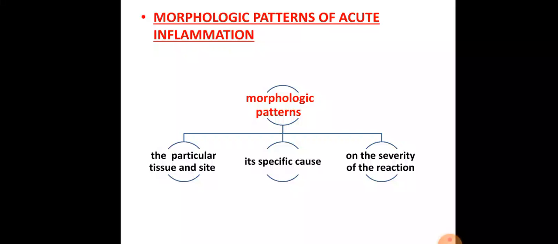Swelling, heat, and redness may be localized at any site of inflammation. But there are specific pathological types of acute inflammation that occur in a specific site, in a specific area, due to a specific cause. So the morphological pattern depends on the severity of the reaction, the specific cause, and the particular tissue and site.